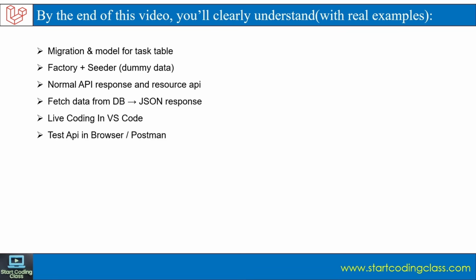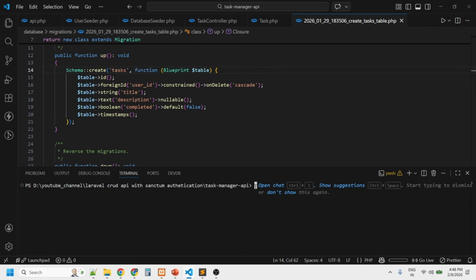Now let's implement this practically. Let's go to VS Code and create a seeder and a factory for the task table. To create the factory, we will use the command php artisan make:factory TaskFactory, with the model equal to Task.